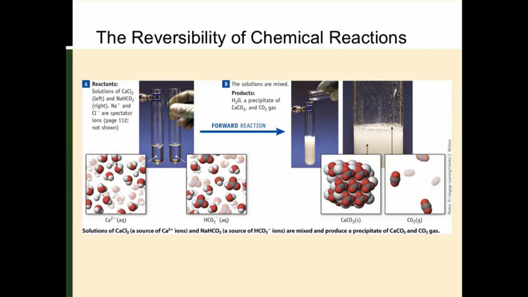So we have here our solution of calcium chloride, and here our solution of sodium hydrogen carbonate. In this reaction, we'll mix these together. We'll pour this one into this one, and we'll see that immediately a white solution is formed, because a precipitate, or a suspension, of solid calcium carbonate is formed immediately in our test tube.